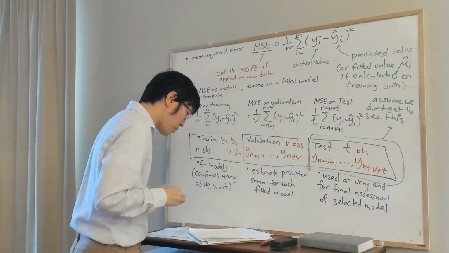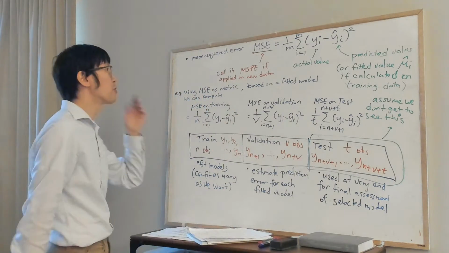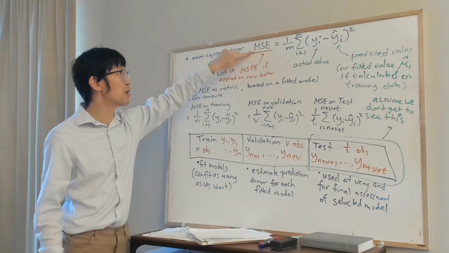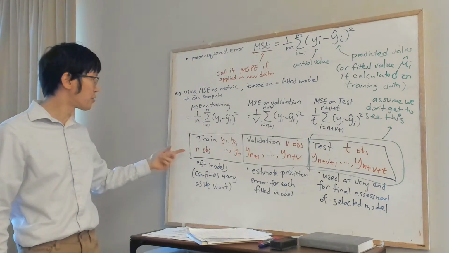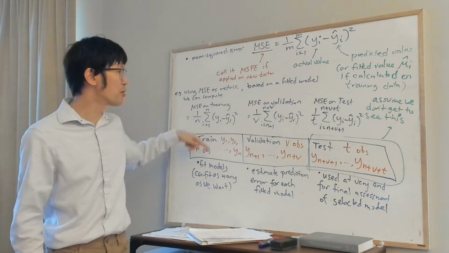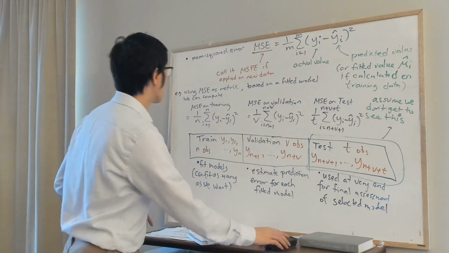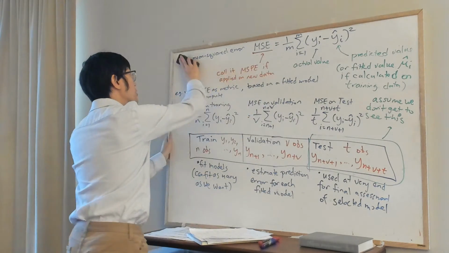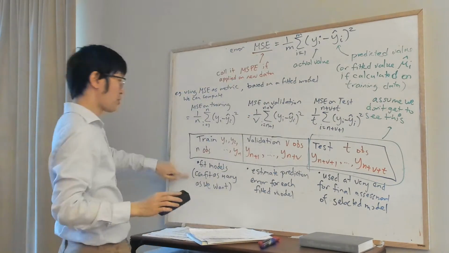Now I've written these three quantities. They're based on this mean squared error formula, simply applied to the corresponding component of the data. The reason I write it out is that it's related to what we talked about down here.